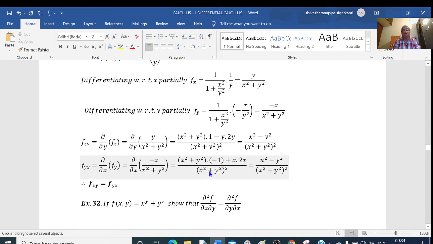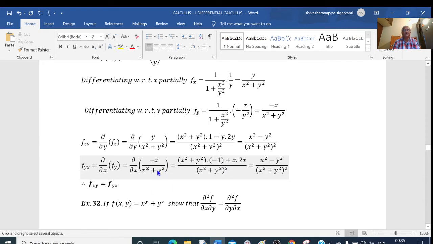In the denominator we write the denominator square, x square plus y square whole square. Coming over here, denominator x square plus y square into derivative of numerator with respect to x, it is equal to minus 1, minus numerator into derivative of the denominator.